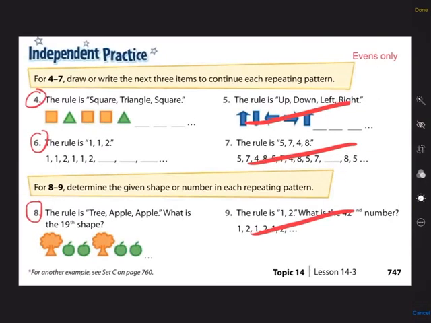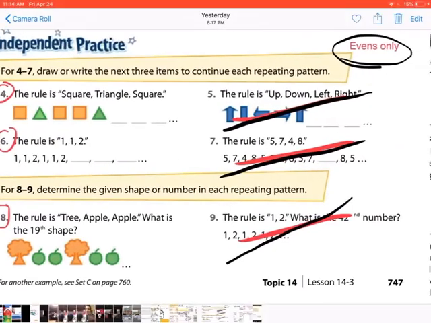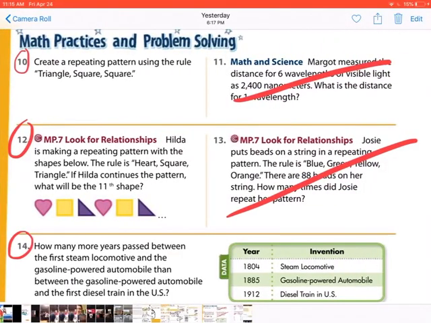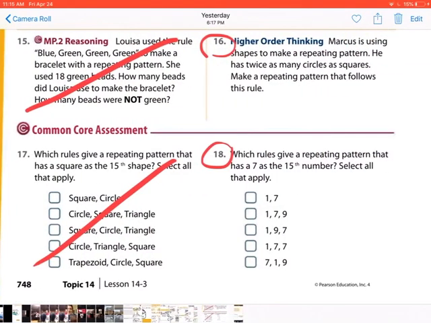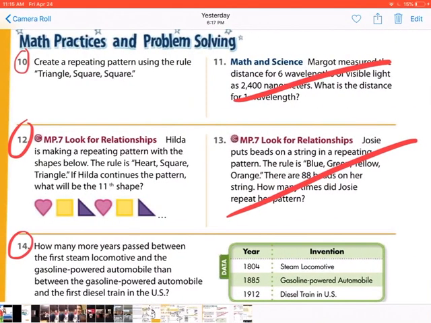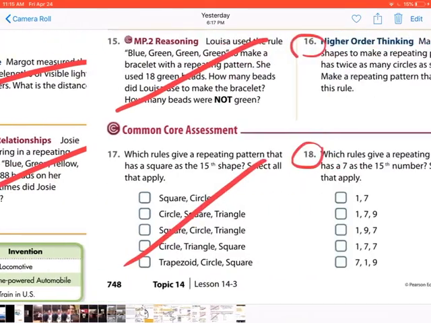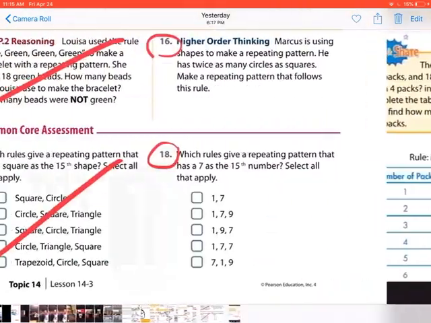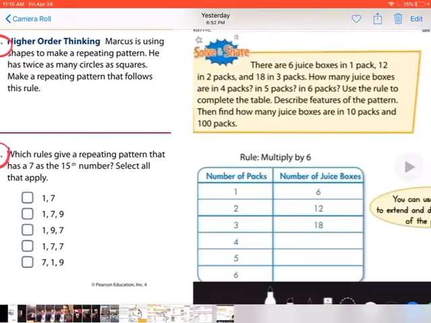Then on the back, when you continue the independent practice, you're still doing evens only. You'll do 10, 12, and 14. You'll need to do 16 and 18, right? I think I said something wrong. We're only doing the evens, not the odds. Only the evens, not the odds. I want to make sure that there's no confusion there, right?